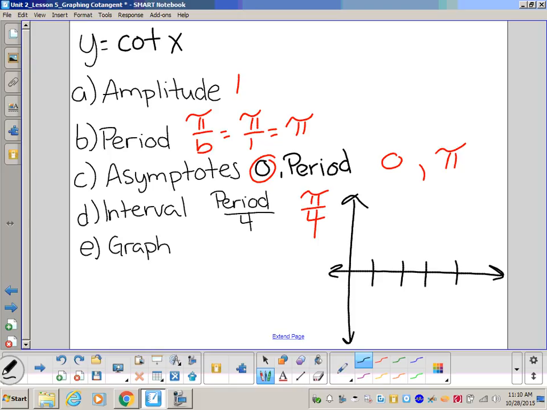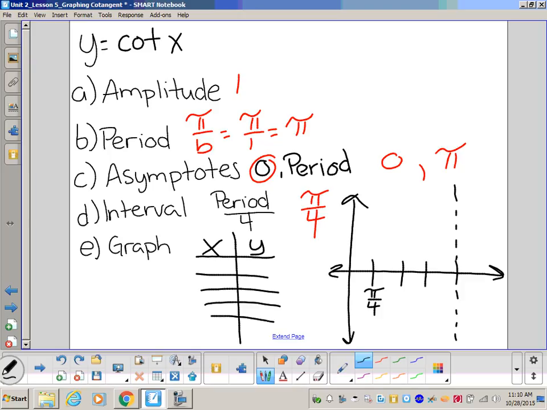It's the y-axis. And then we go up by pi over 4 until we get to pi, and that's where our other asymptote is. So again, just like tangent, our first y and our last y are undefined.